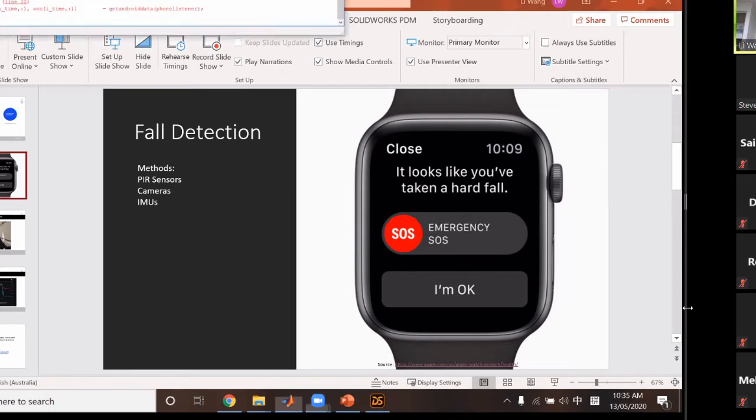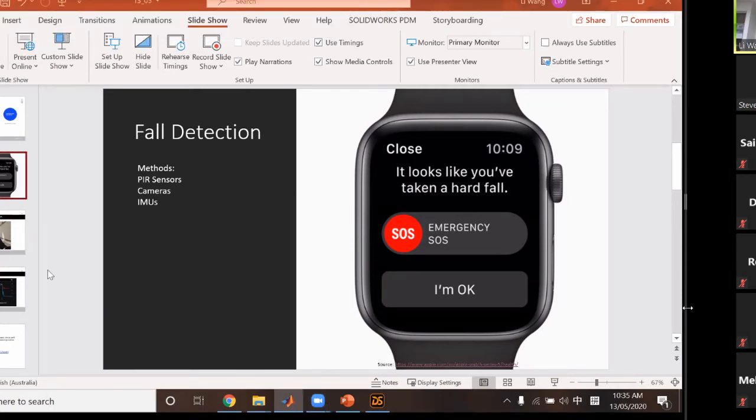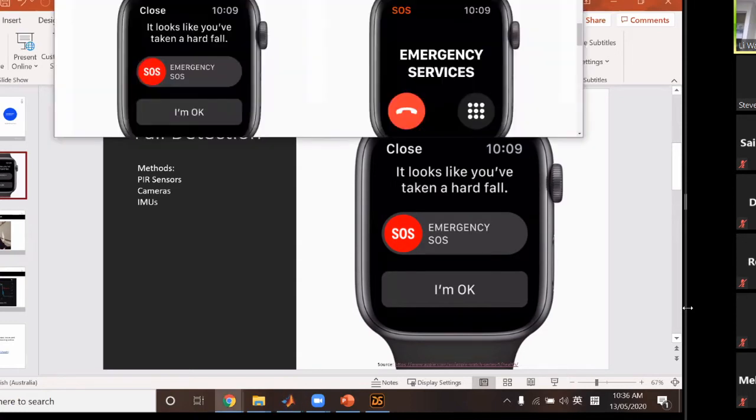Good morning, everyone. So I'll talk about these three projects in a very simple way. There's no mathematics today. The first one is fall detection. As you can see on the right of the screen, there's an Apple Watch. This is the latest version of Apple Watch.